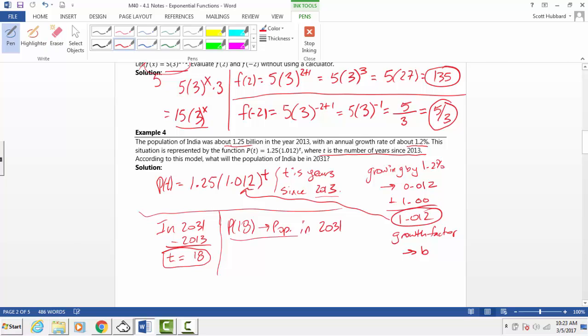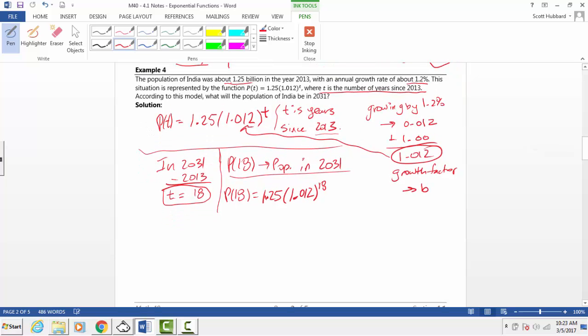And so then we just plug it in. So p of 18 is equal to 1.25 times 1.012 raised to the 18th power. Now, let me show you, make sure you're okay on this calculator stuff.